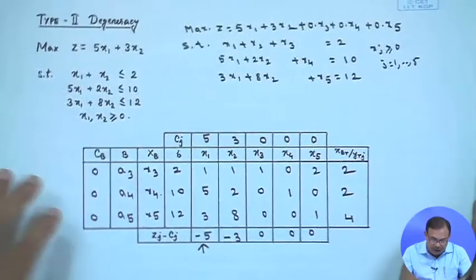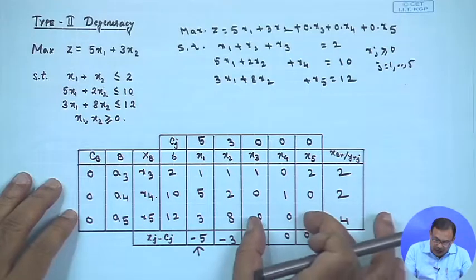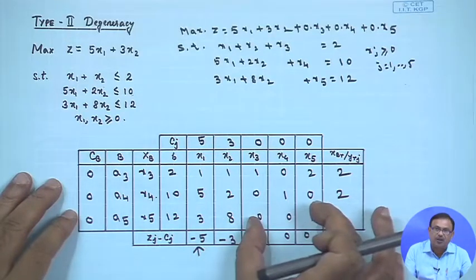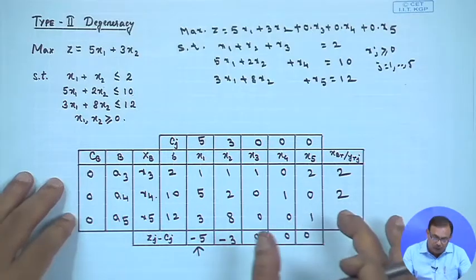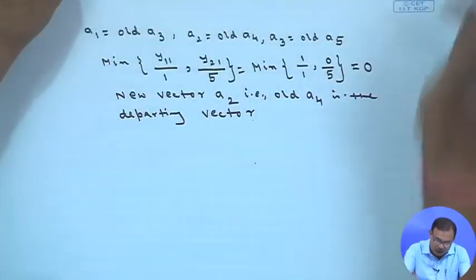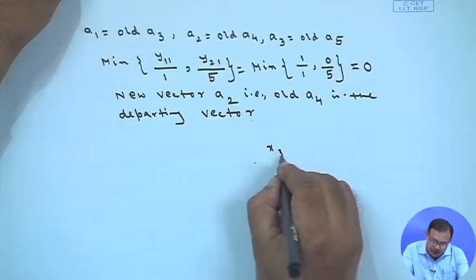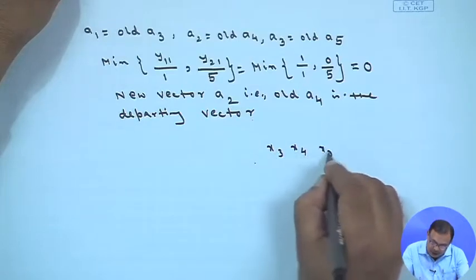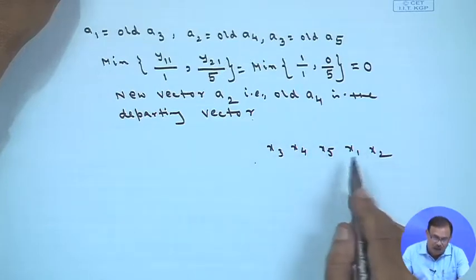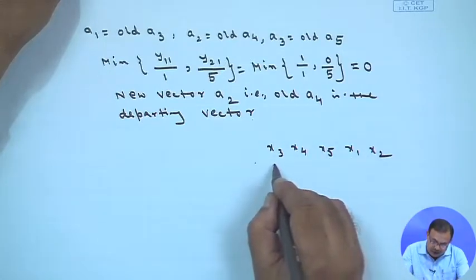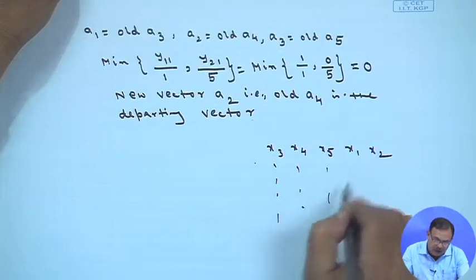And in this table, I will visualize that x3, x4, x5 have come first, then x1, then x2. I may write down a new table where the columns will come as x3, x4, x5, then x1, then x2. I am visualizing this so that the elements will now change.